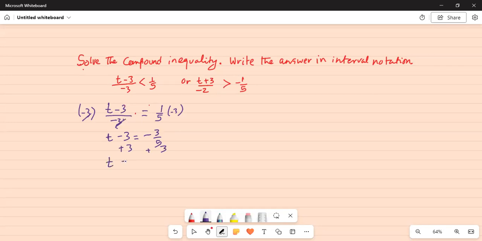So t is equal to 3 minus 3/5. I can write 3 as 3 times 5 divided by 1 times 5, minus 3 over 5. So t is equal to 15 over 5 minus 3 over 5. So t is equal to 12 over 5.